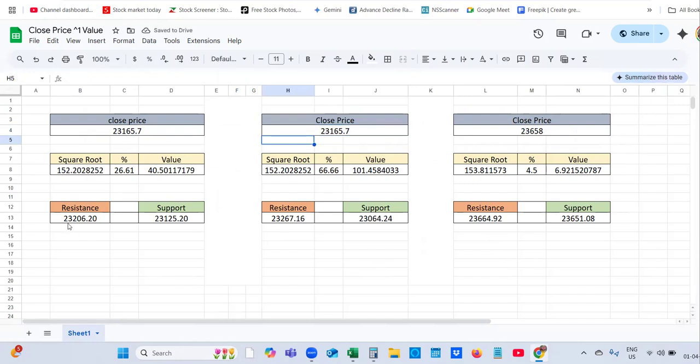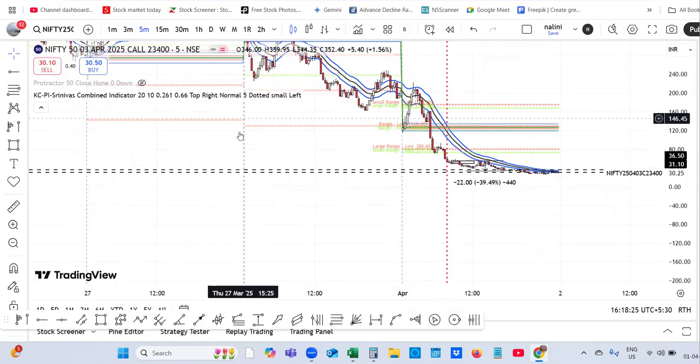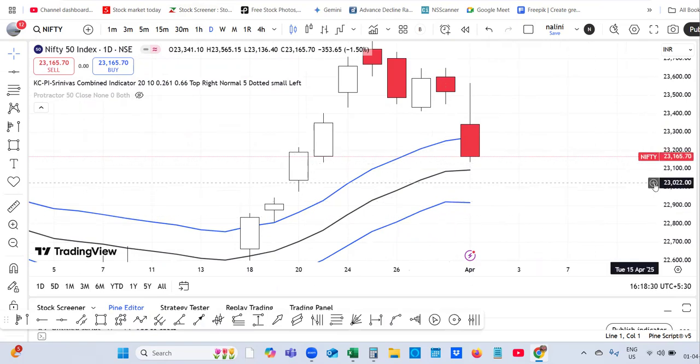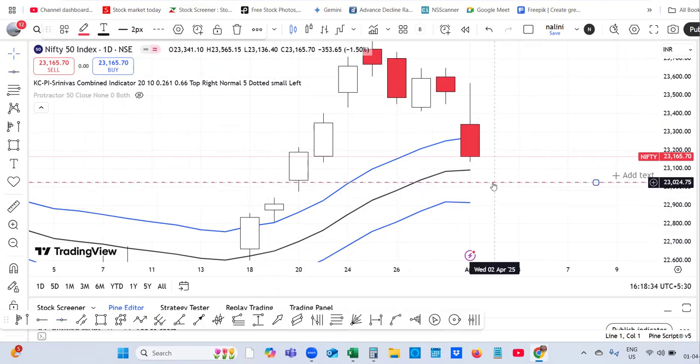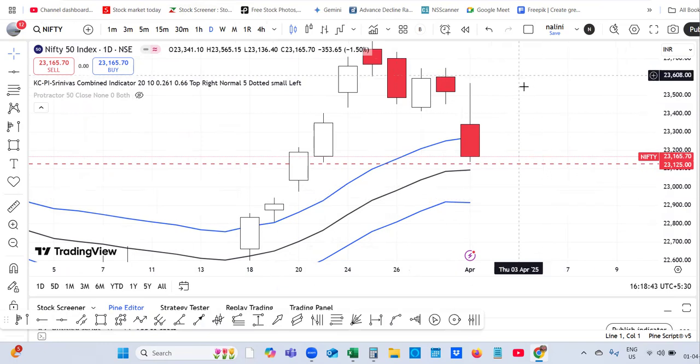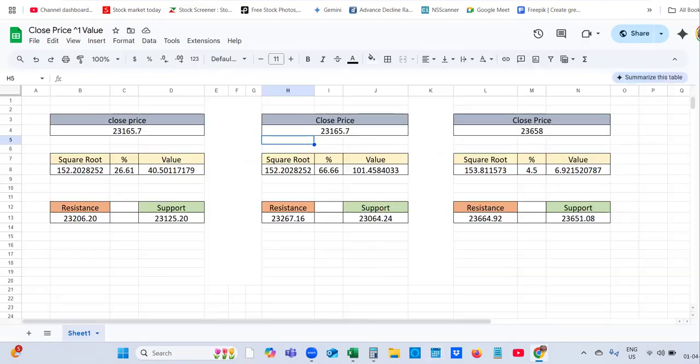On the upper side, 23,206, and the support is around 23,125. Let us mark 23,125. Just I will start marking this, okay? And then 23,206.